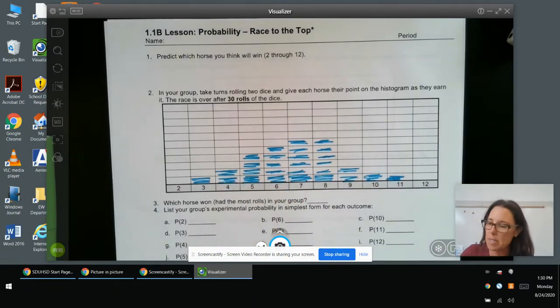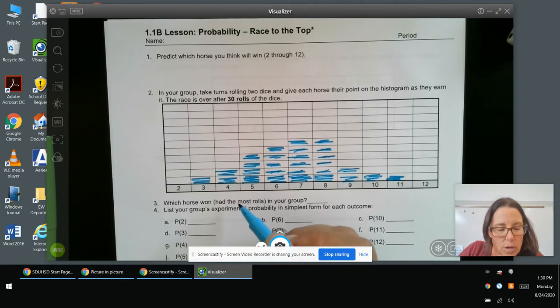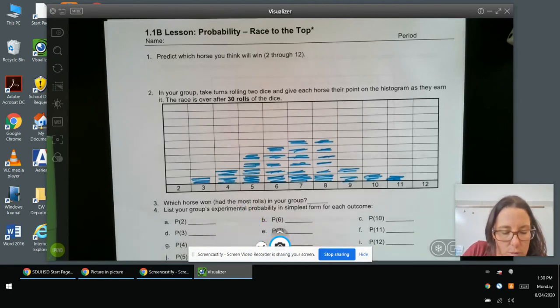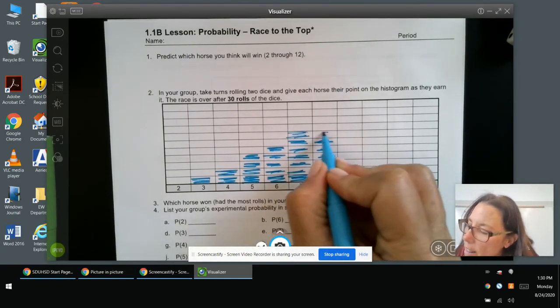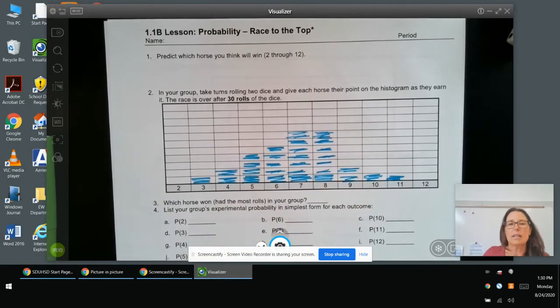Only 28. What am I missing? 2 4s. 1, 2, 3, 4 5s. 1, 2, 3, 4, 5. 5. Aha. That's what I was missing.